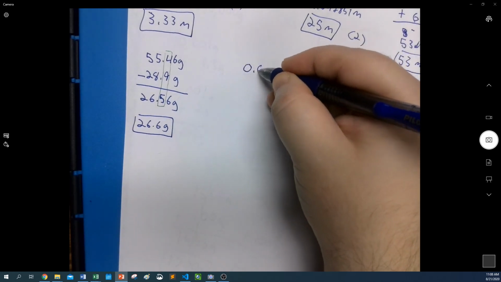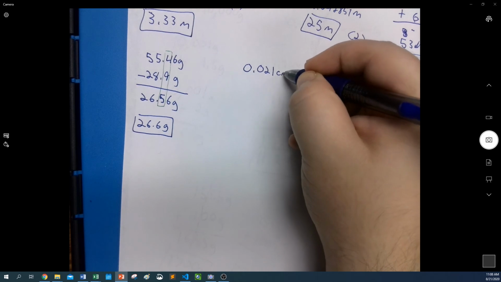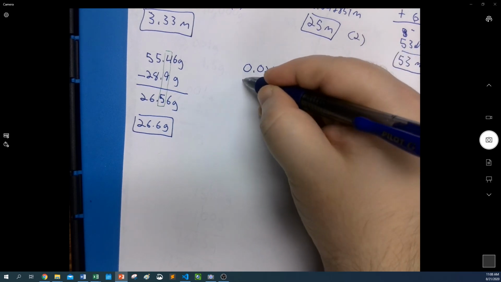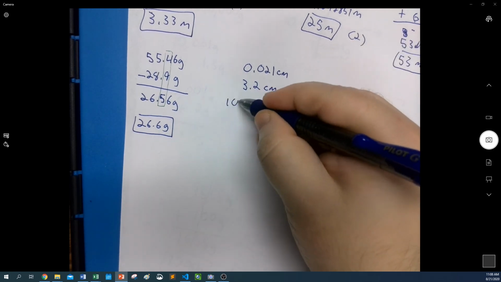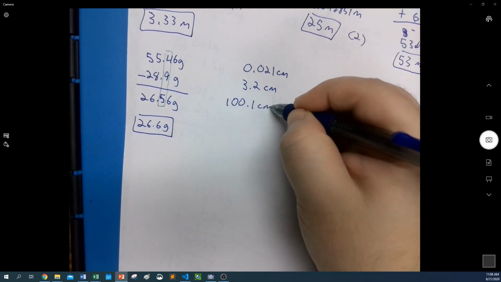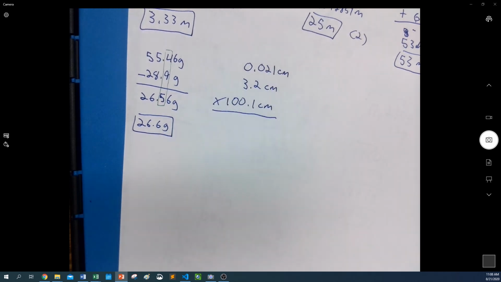So 0.021 centimeters, 3.2 centimeters, and 100.1 centimeters, all multiplied together.